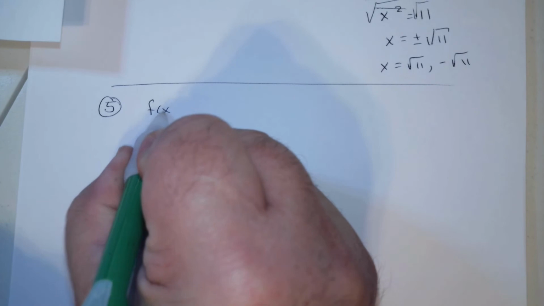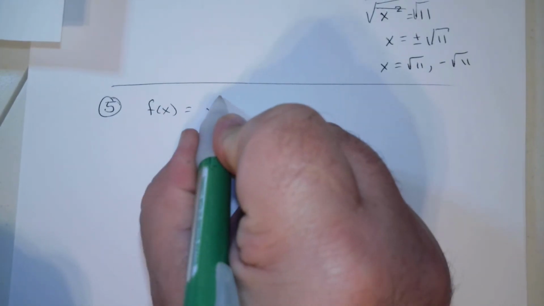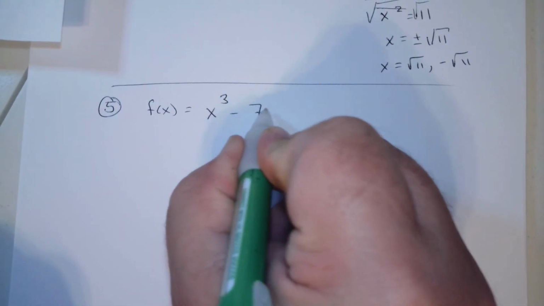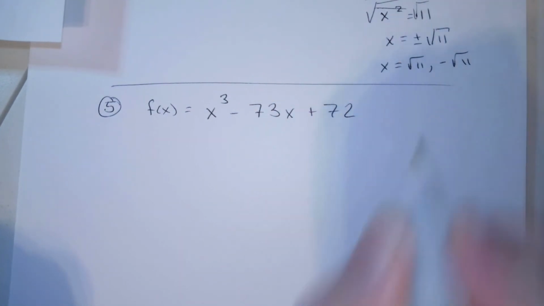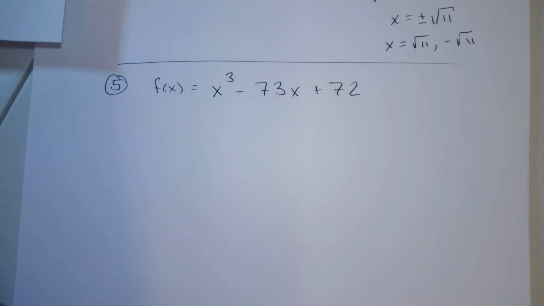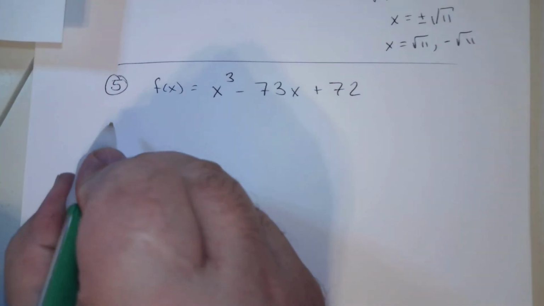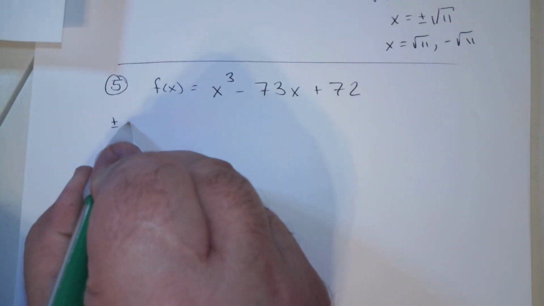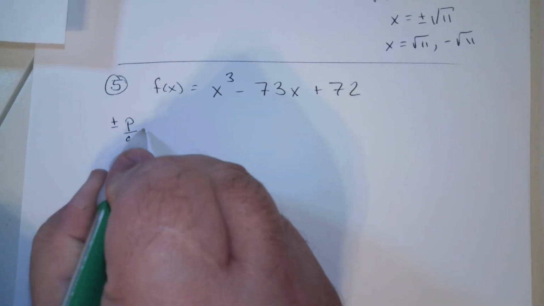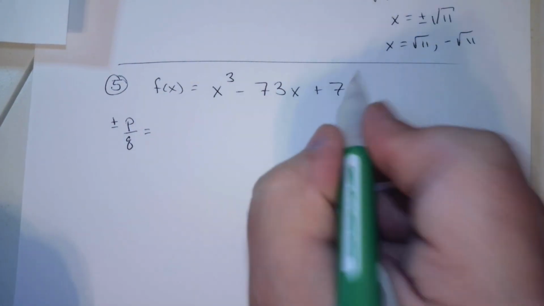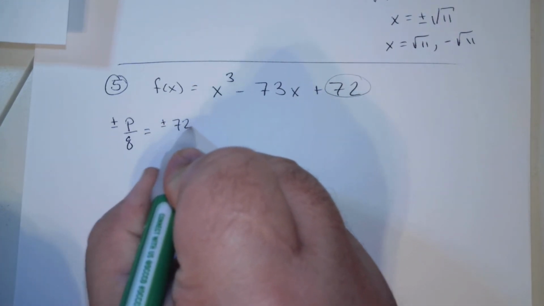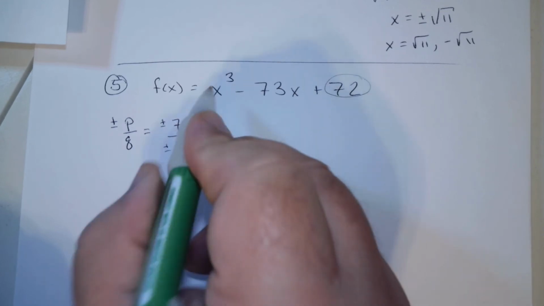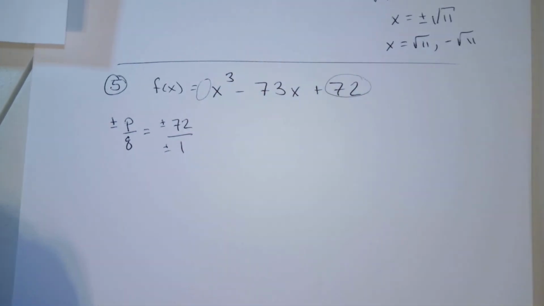The function is x cubed minus 73x plus 72. Find the rational zeros. P over Q. It's plus or minus 72 over plus or minus 1.